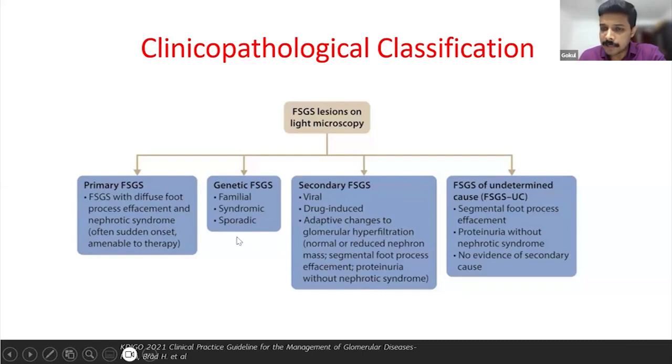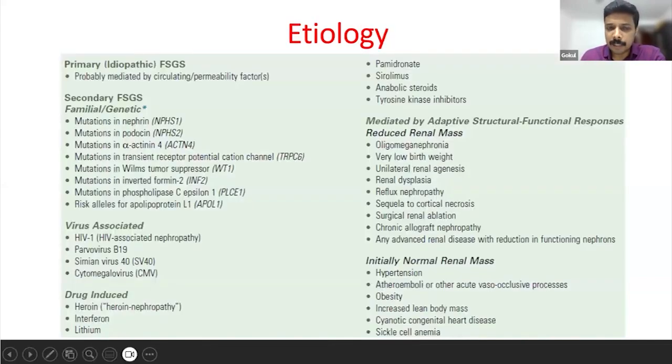And next we have to consider is the genetic FSGS, if it is familial, syndromic, or sporadic. If you find a pattern of proteinuria without nephrotic syndrome and electron microscopy shows segmental foot process effacement and there is no evident secondary cause, then it can be labeled as FSGS-UC, or FSGS of undetermined cause. So this is the etiological classification.